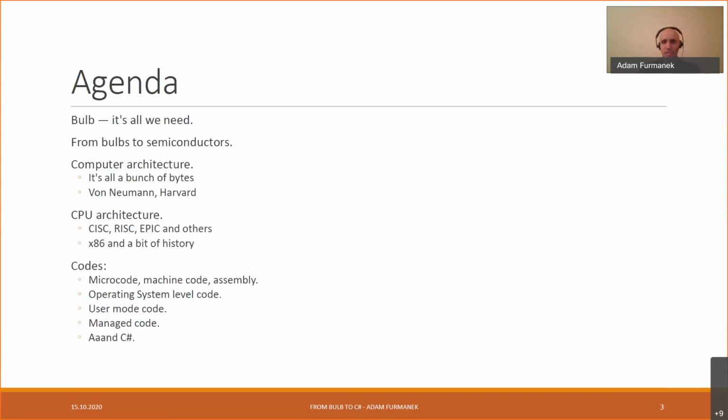Okay, so the agenda for this presentation. Our goal for today is to build a computer. Probably not something as developed or as complex as the computers we are using currently, but something definitely capable of performing calculations, storing some data, and doing some logic, some actual operations, conditions, loops, and all these things. We'll start with just light switches because at the very bottom of everything, we can think of transistors or of the current as basically a light in a bulb.